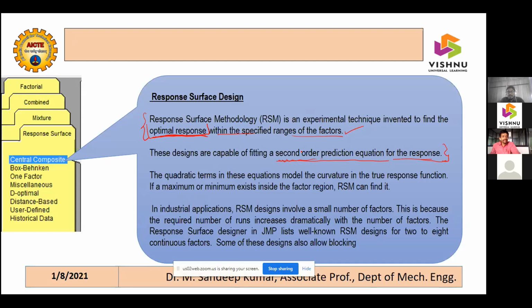Apart from that, the quadratic terms in this equation model the curvature. We are almost fascinated by the curvatures we get in the true response function. RSM is also much more appealing when it comes to representation of the results, representing the results related to the responses and the input factors. That is why RSM is becoming much famous nowadays.